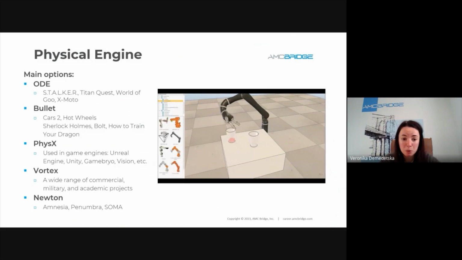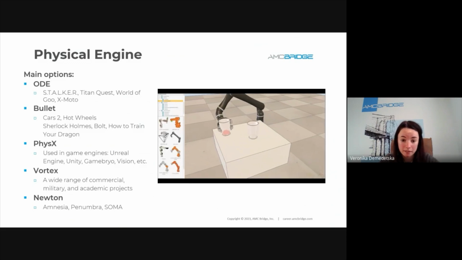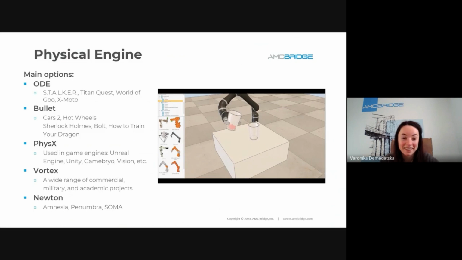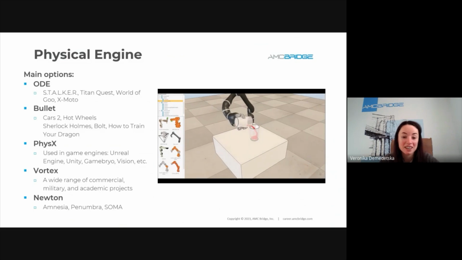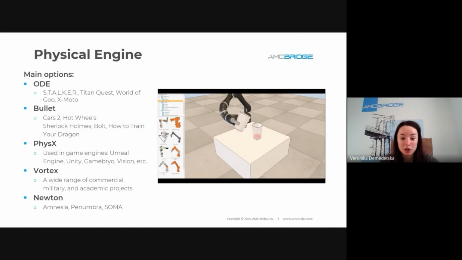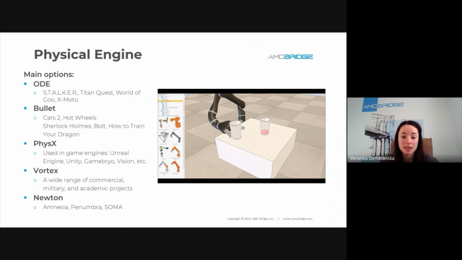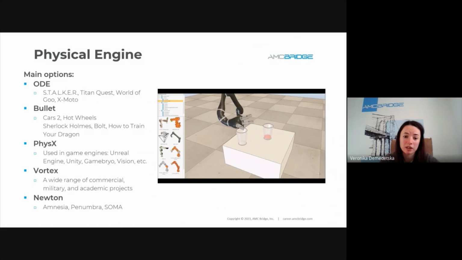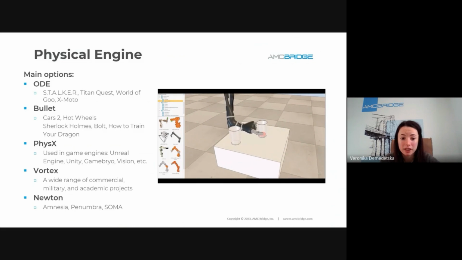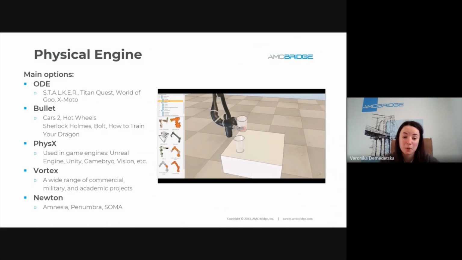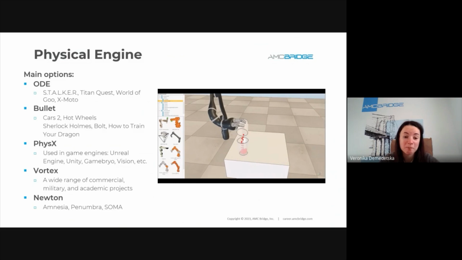And the most popular at the current time are these options. So it could be ODE, a physical engine that is widely used in games and in 3D gaming. Probably you know some of these games.